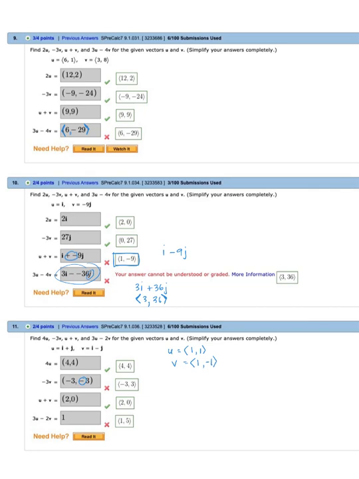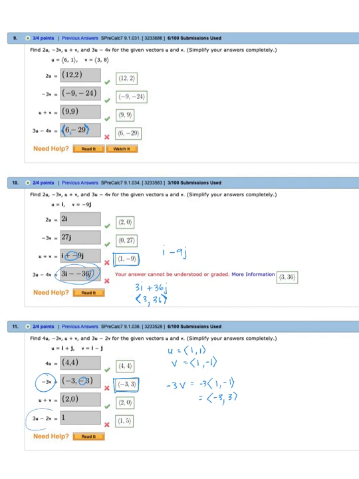Okay, so here if we're taking negative 3 times v, you're basically just distributing that negative 3, times 1, negative 1. So then you would get negative 3 times 1 would be negative 3, the horizontal component, and the negative 3 times negative 1 is positive 3. So that's how we get this one.